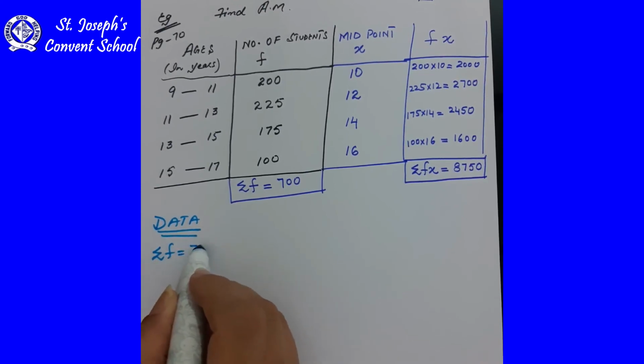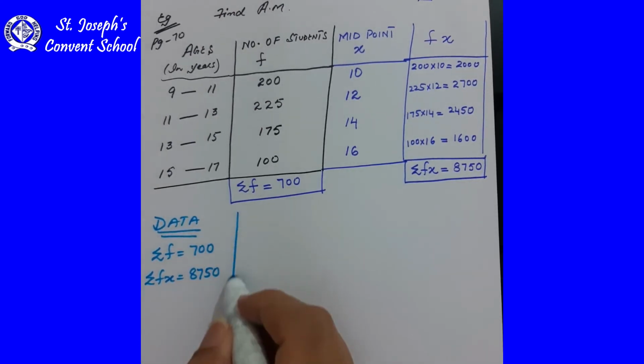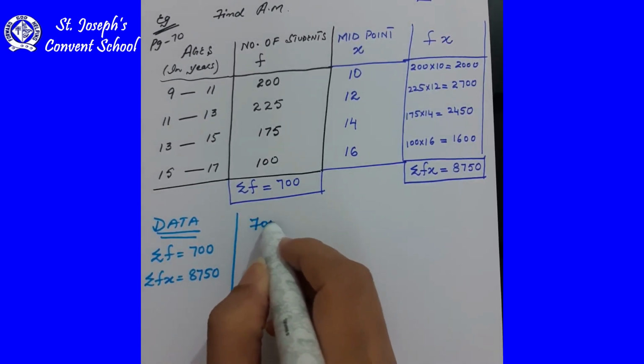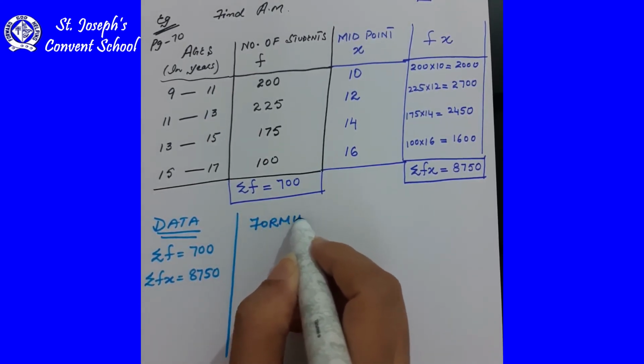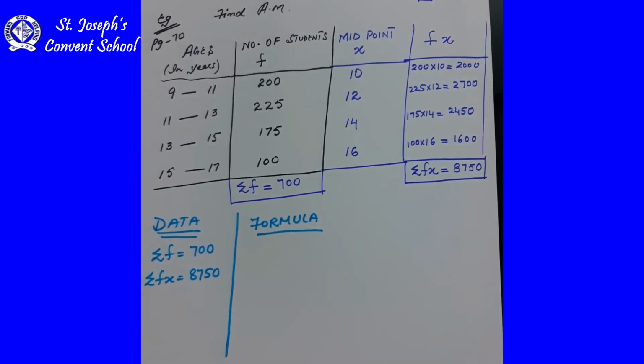Sigma f is 700 and you have solved sigma fx also, it is 8750, right? Now you can write the formula. Let's solve it.